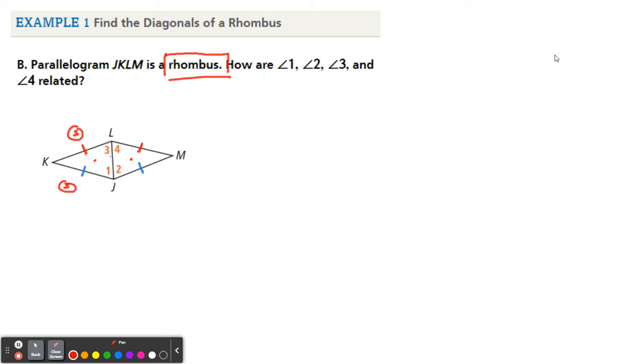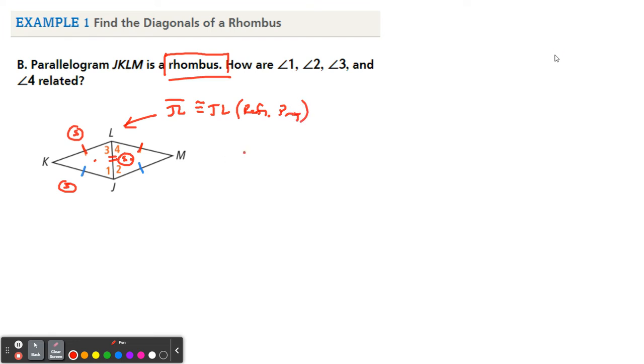Now these 2 triangles share LJ or JL, so that's congruent to itself by reflexive. So there's your 3rd side, right? So in this picture, we were given 2 pairs of congruent sides. We know that JL is congruent to itself by the reflexive property because it's shared. I said reflexive property. I pronounced the F and I wrote the F. JL is congruent to JL by the reflexive property.